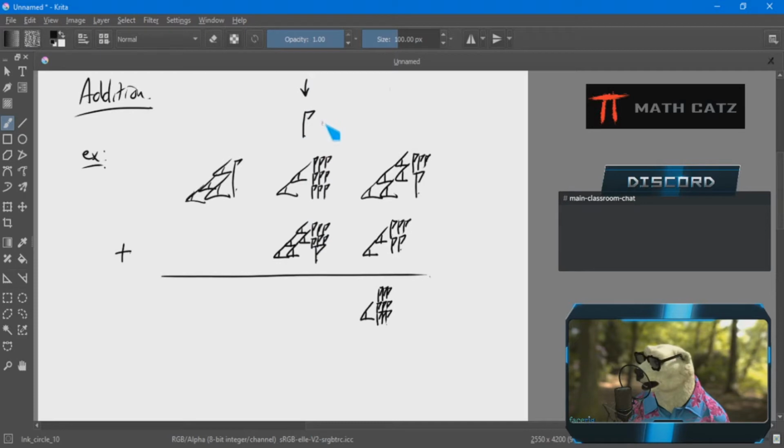The nice thing about our method is I don't need to say one group of 60 plus 29 groups of 60 plus 57 groups of 60. I can just drop the groups of 60 attached to every single thing and say 1 plus 29 plus 57.